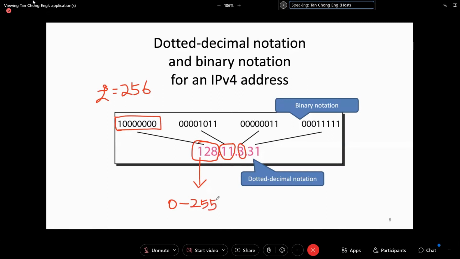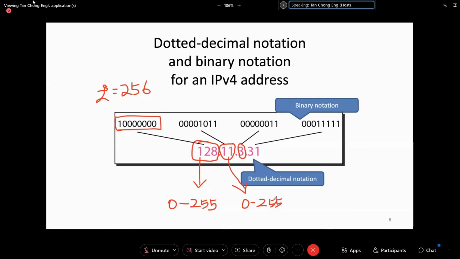Okay, it's between 0 to 255. Add up to be 256. 0 is also counted as one number. Each of these we will call an octet. There are 4 octets here. Each of the octets will have a number between 0 to 255. So you have 4 octets, each 0 to 255.